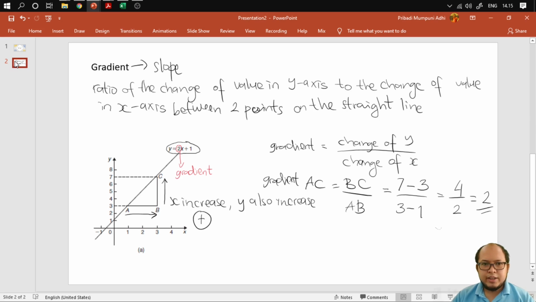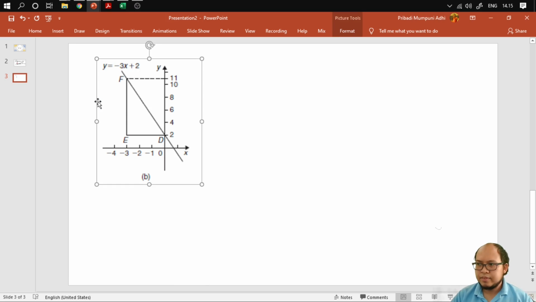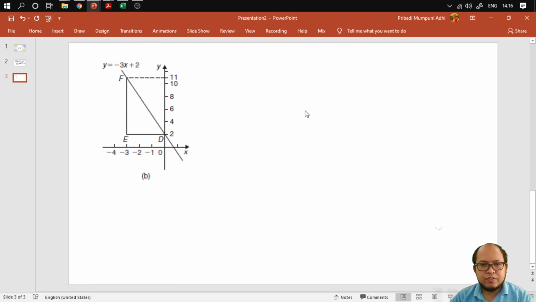So for the next one, I have another straight line. Now in this figure, we can see that the x is decreased. However, the y is increased.